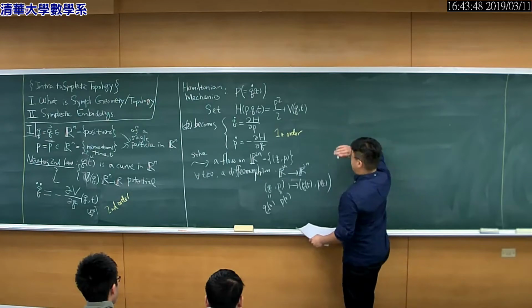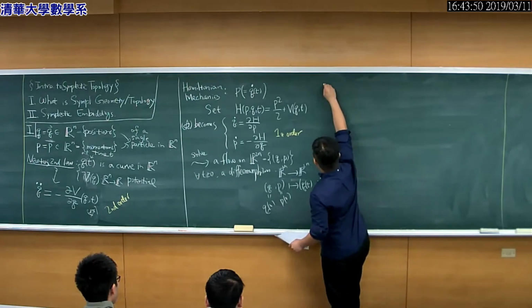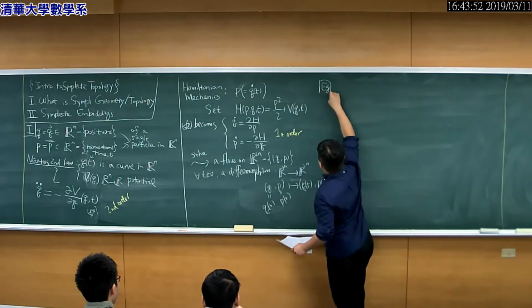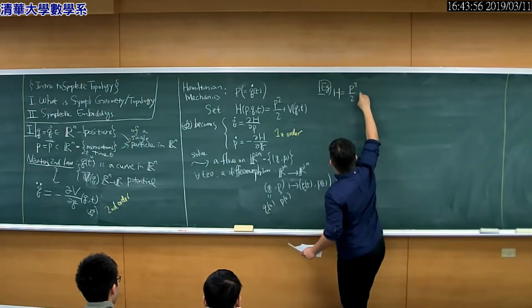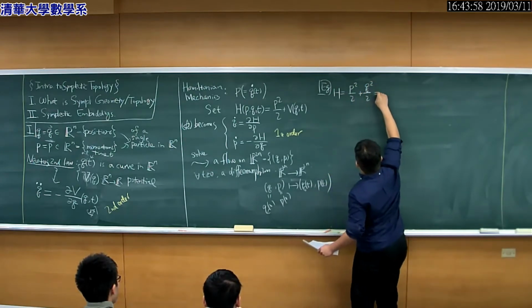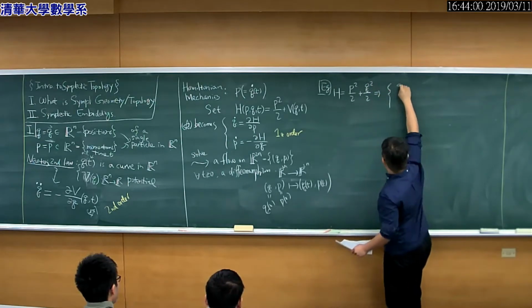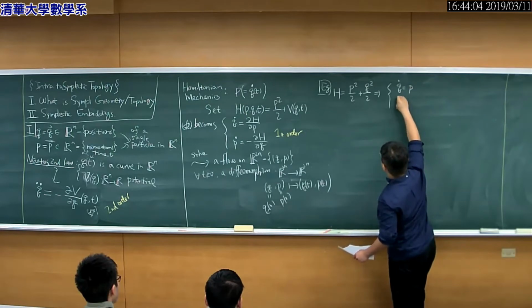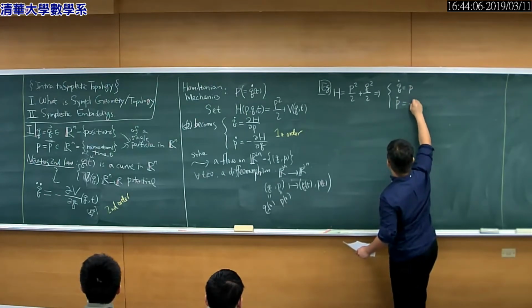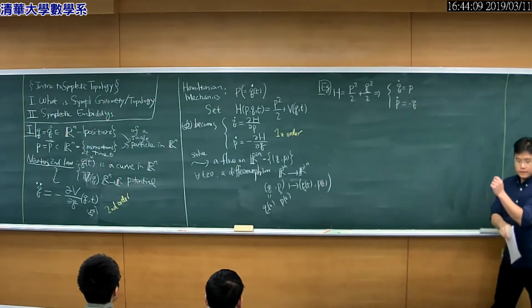So for example, say H equals this. Then the equation gives you this q dot and p dot.